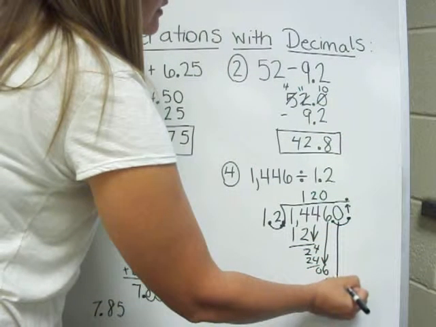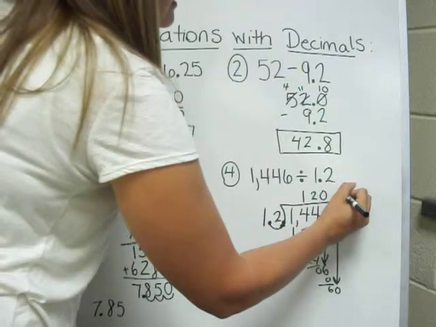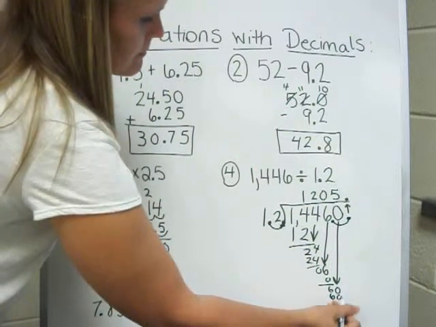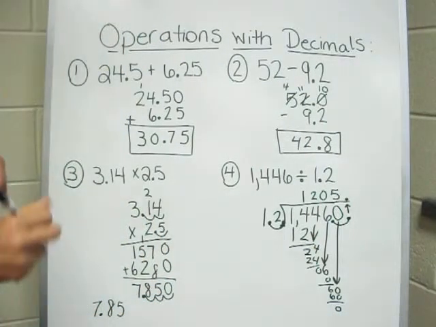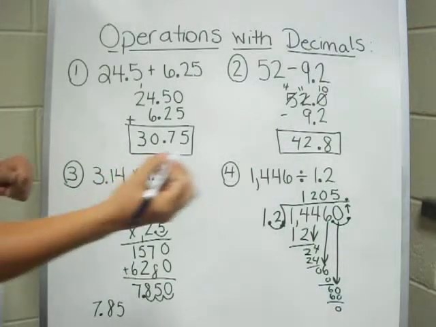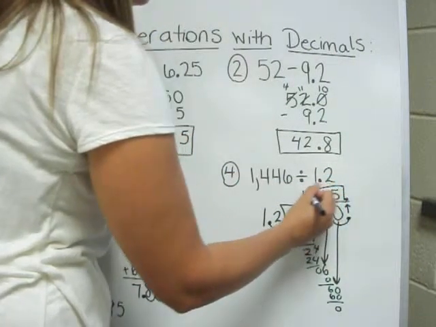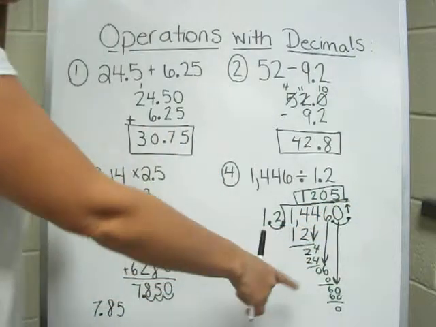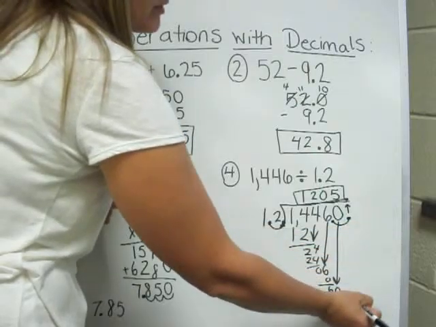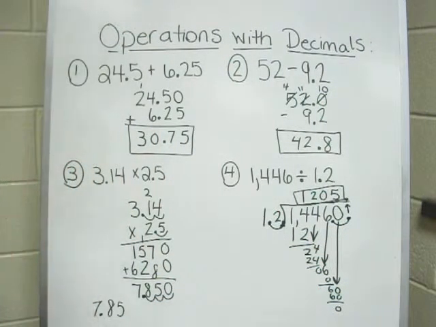Bring my 0 down, and 12 goes into 60 5 times. And so 1,446 divided by 1 2/10 is 1,205.